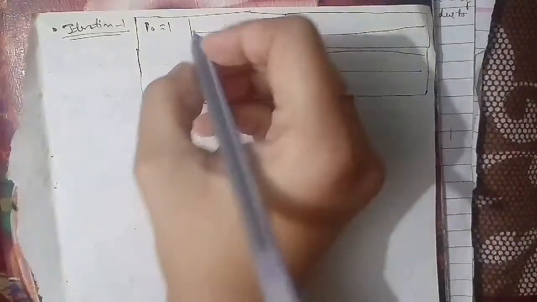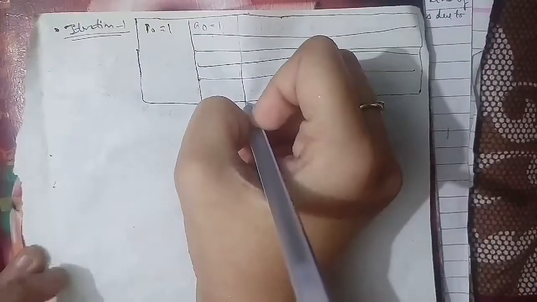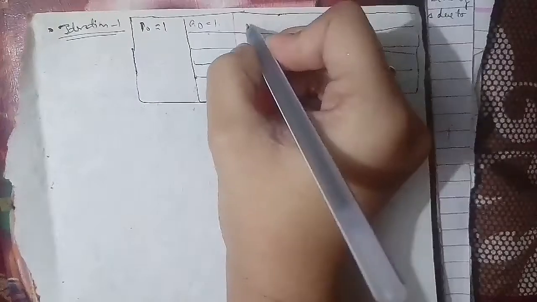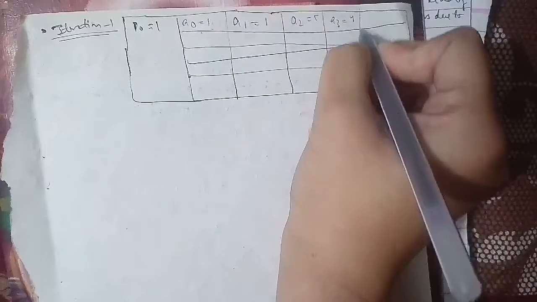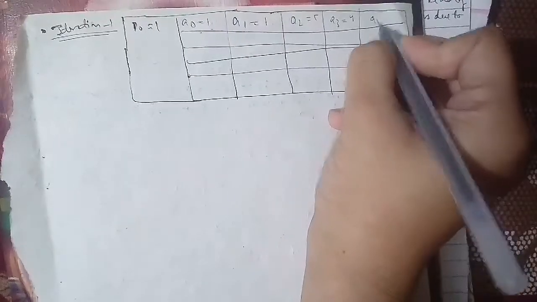So with the same, for iteration 1 we have to make a table here, and for p0 = 1, a0 = 1, a1 = 1, a2 = 5, a3 = 4 and a4 = 4.